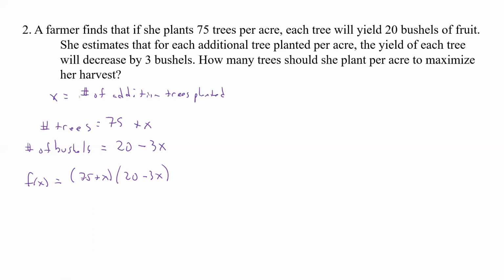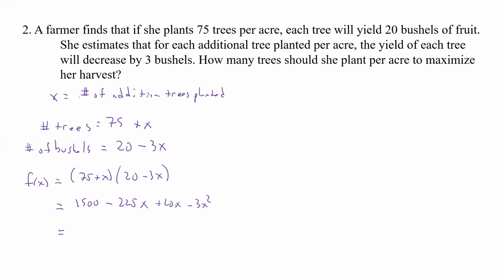And so what we have to do is multiply here. If we multiply 75 times 20, that is equal to 1500. And then 75 times that's going to be minus 225x, then plus 20x minus 3x squared.